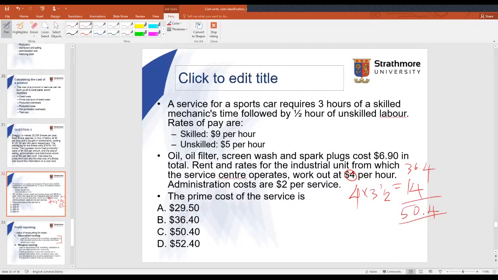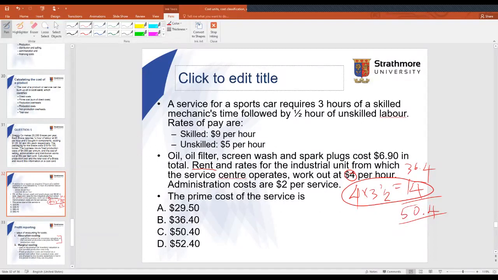Now, don't forget, if we are using absorption costing, this was fixed. This $4 is rent, and this is a production overhead. It is fixed; rent doesn't depend on how many units you're producing. You pay the same amount of rent every month, for instance. Therefore this $4 has been absorbed into the product cost.